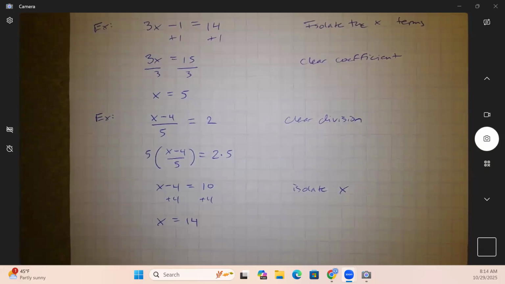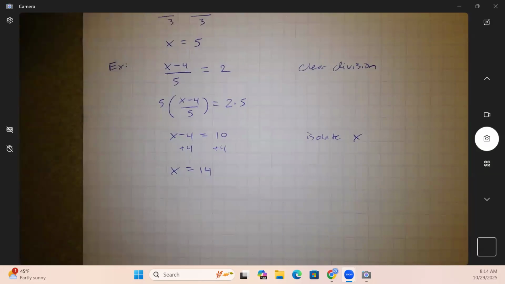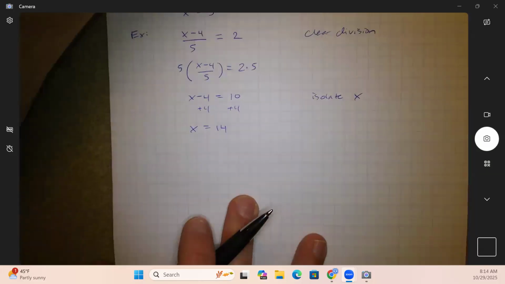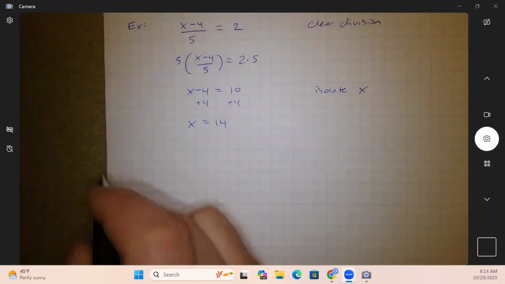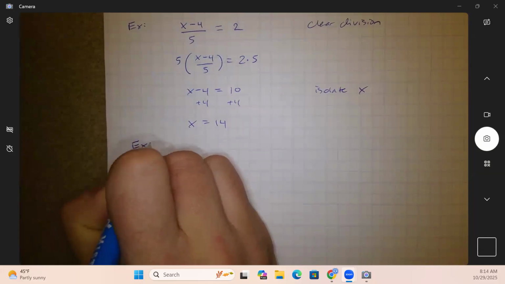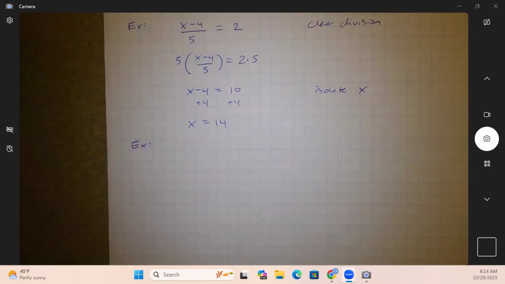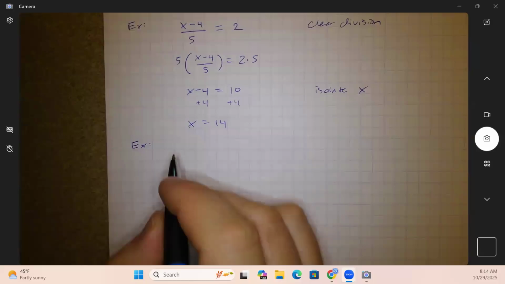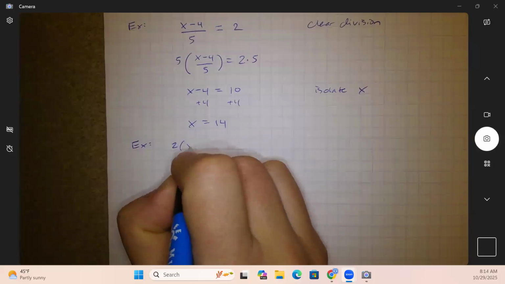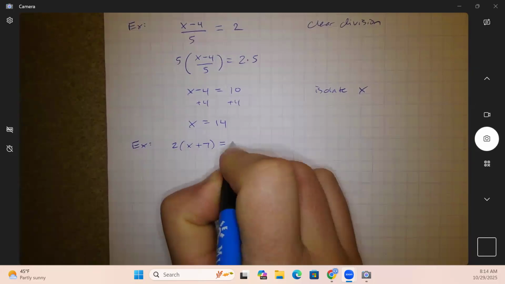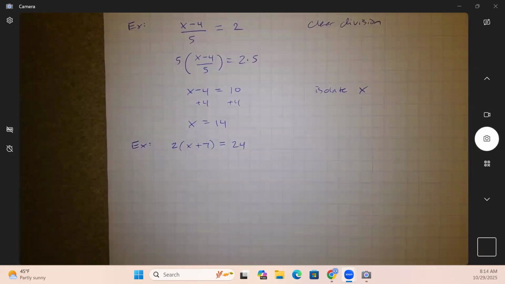And then we talked a little bit about some of our number operations, in particular how to distribute, and we included that. We were able to have more complicated equations like 2 times x plus 7 equals 24.